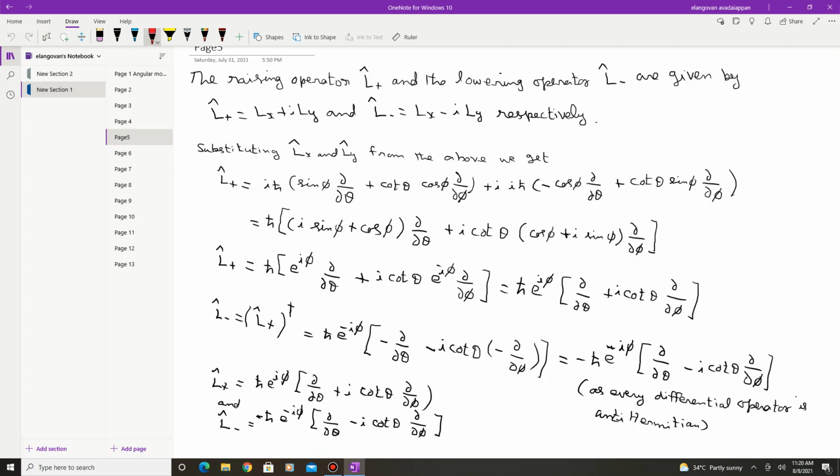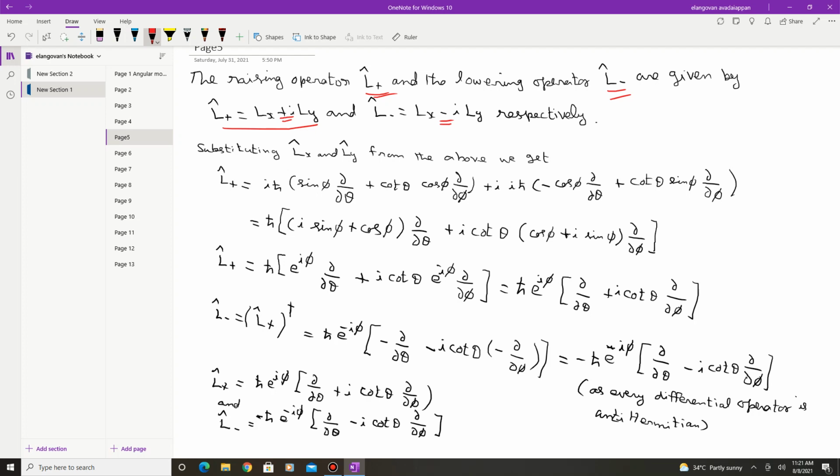Now we know that there are rising and lowering operators. The L plus operator is a rising operator, and the L minus operator is a lowering operator, which are defined by L plus equal to Lx plus i Ly, and L minus equal to Lx minus i Ly.